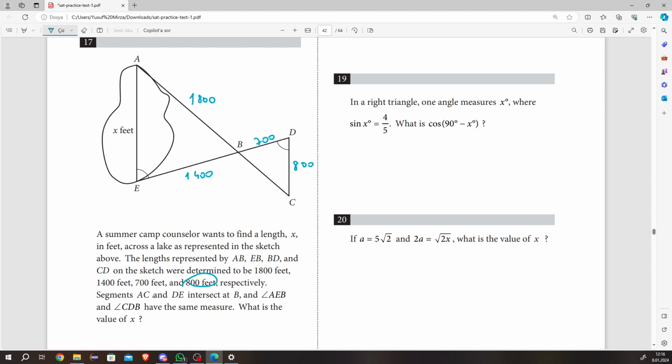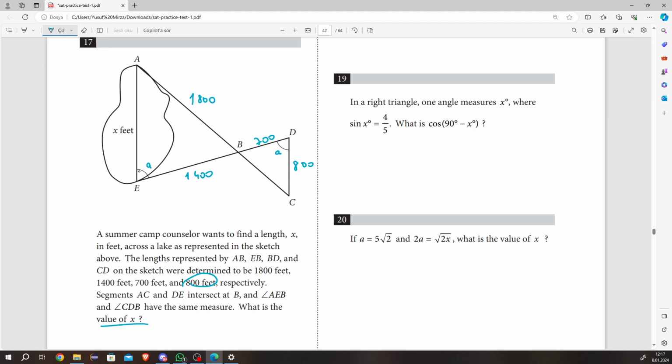Segments AC and these are the same. And angles ABC and CD have the same measure, so let's call both of them alpha. What's the value of x? So let's go.